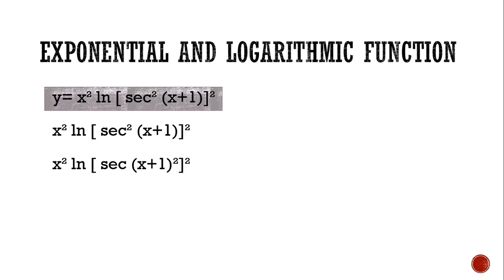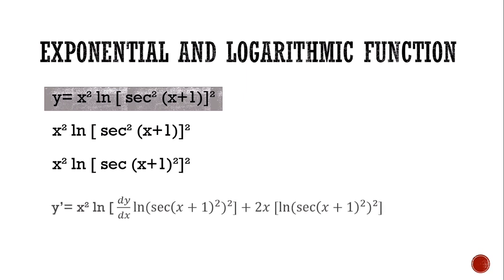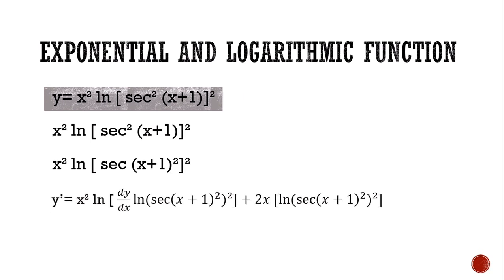Simplify it. Y prime equals x squared natural logarithm derivative of y over derivative of x natural logarithm secant quantity x plus 1 squared squared plus 2x natural logarithm secant quantity x plus 1 squared squared.